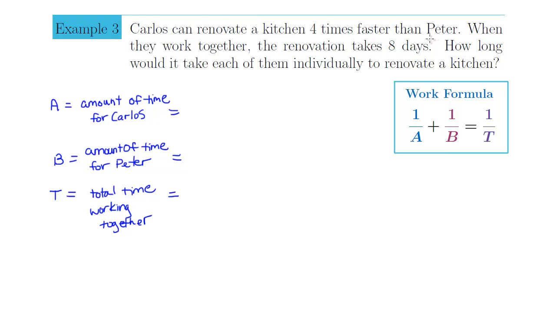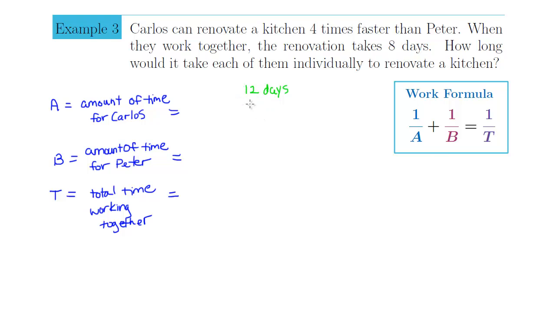What does that mean? That means that however long Peter takes, Carlos is going to be 4 times faster. Or opposite, whatever amount of time that Carlos takes, Peter will be 4 times slower, right? It'll take him 4 times as long. So let's just suppose that it took Carlos 12 days to renovate this kitchen.